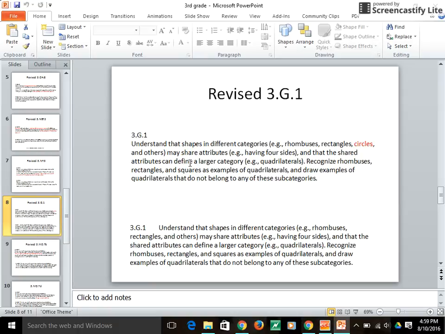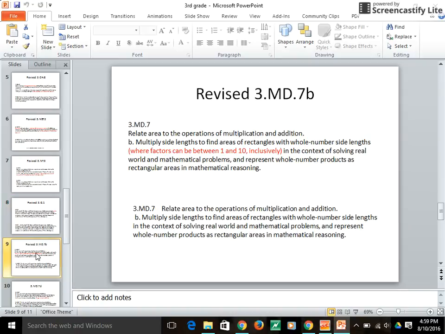And since it's not a quadrilateral, it doesn't necessarily fall into a category with some of these others, then those attributes could go by a few years without being mentioned. So just be sure that whenever you're comparing or talking about shapes, that circles are mentioned.